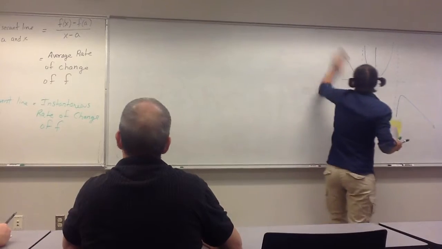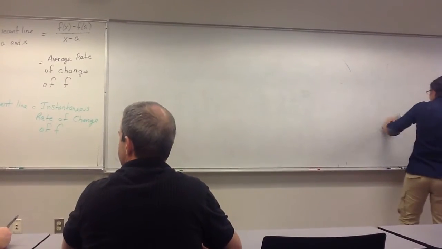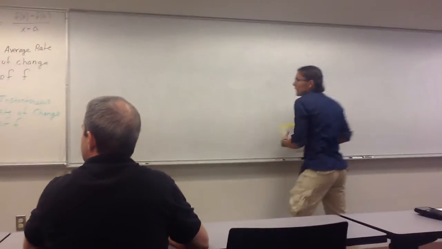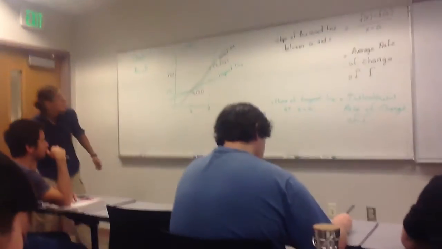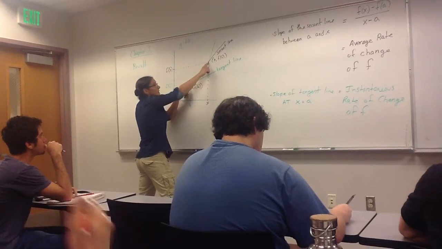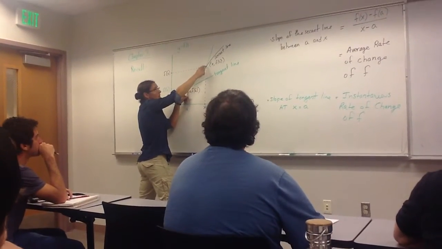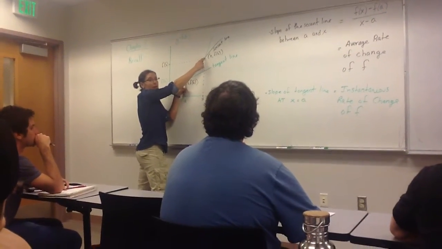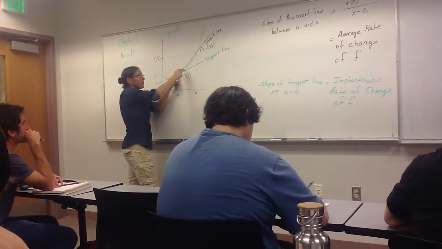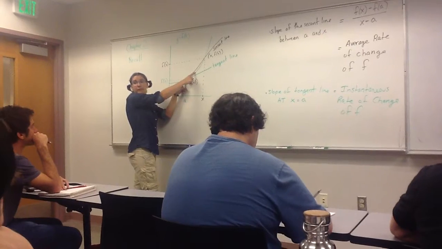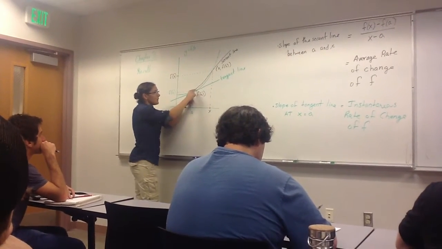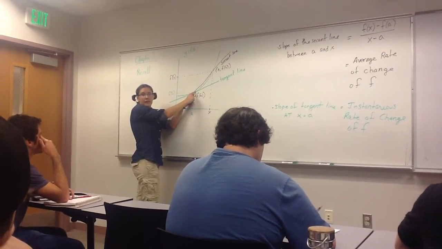Imagine that the whiteboard over there where I've drawn that picture can actually start moving. Okay, and so what we've got going on here is this secant line. Imagine if I take this point, this x comma f of x, and I move it a little bit closer to my fixed point a comma f of a. I have a new secant line. And if I move it even closer, I get a newer secant line.